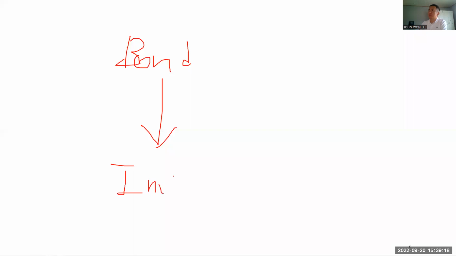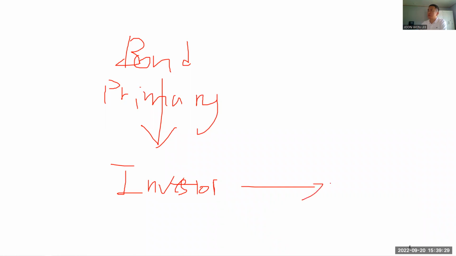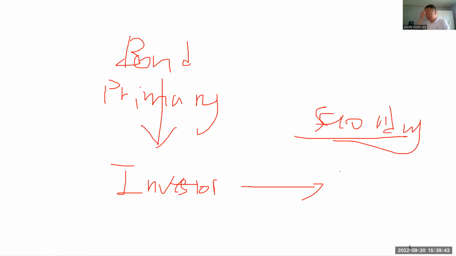Okay, let's say it this way. The bond is issued, right? Investors in the primary market purchase this bond, and this bond is going to be traded in the secondary market.